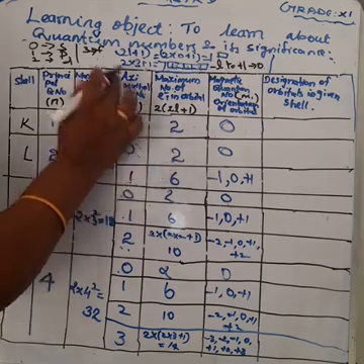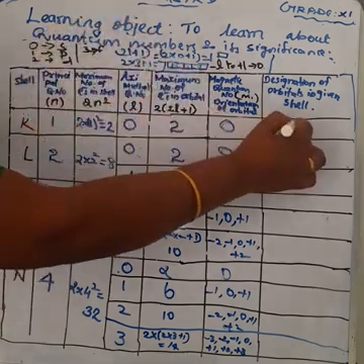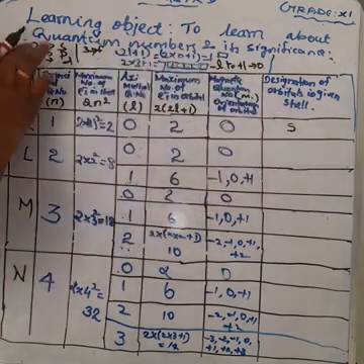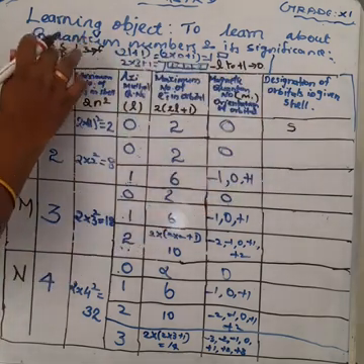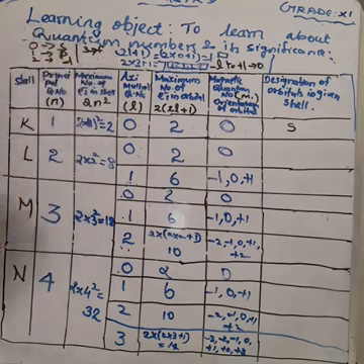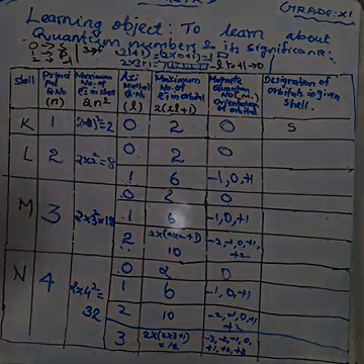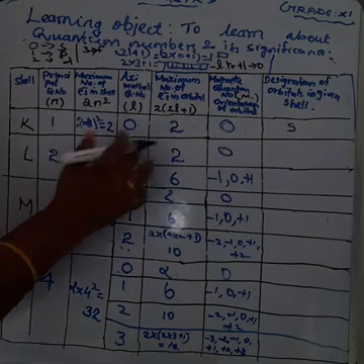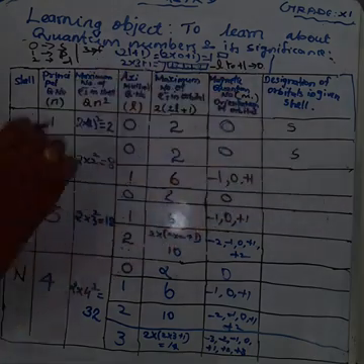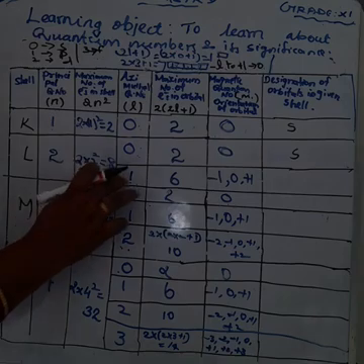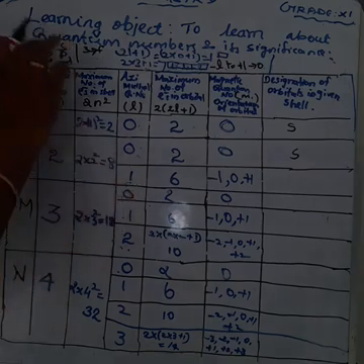As l equal to 0 means s orbital, we know, so we can write s. Here also l is equal to 0, so we write s orbital. And here l is equal to 1, l is equal to 1 means p orbital.